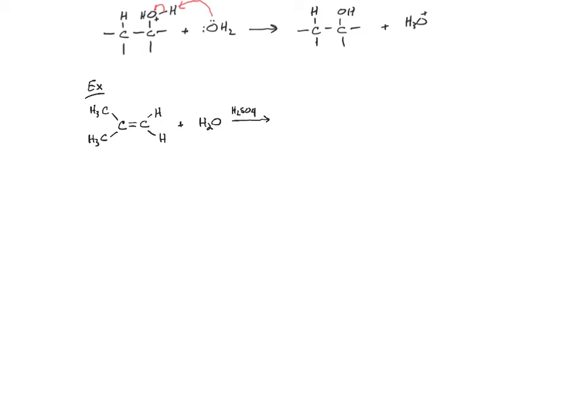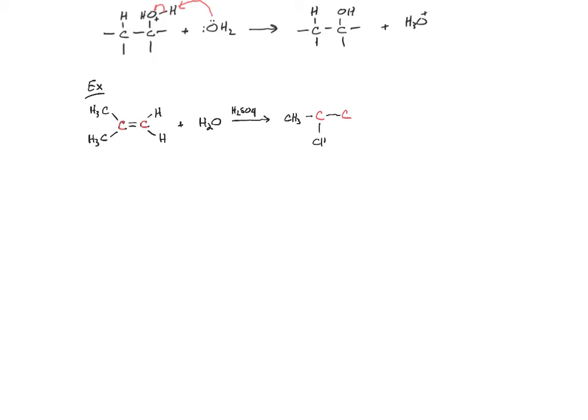Now, how do we predict what the product's going to be? Well, remember, we have the two carbons that are part of the double bond. The pi bond between them is going to break. All the other stuff that was attached to them before the reaction will still be there.